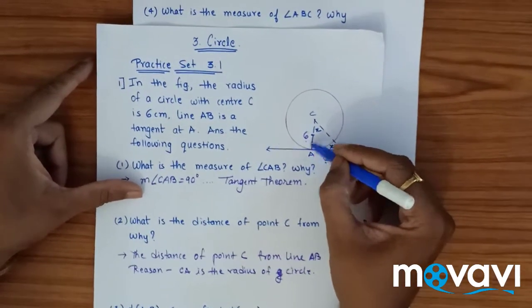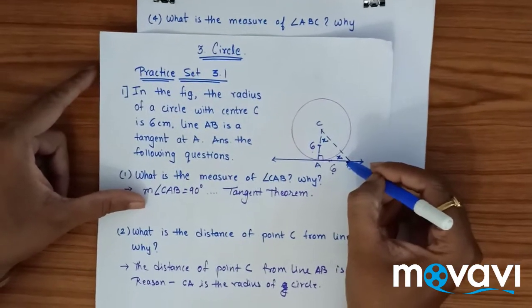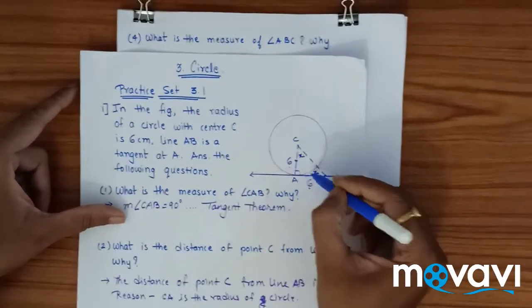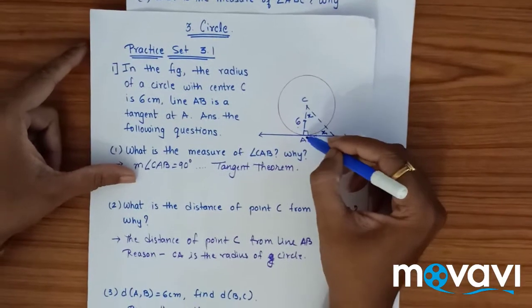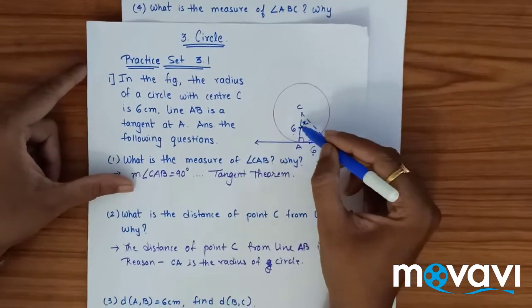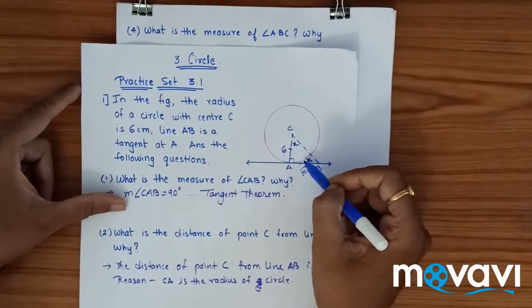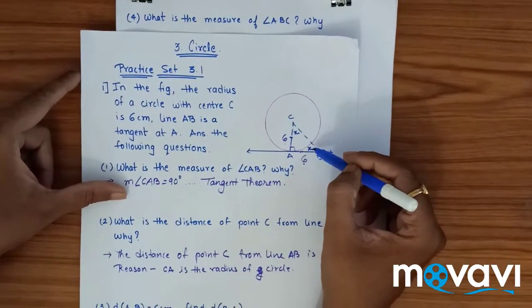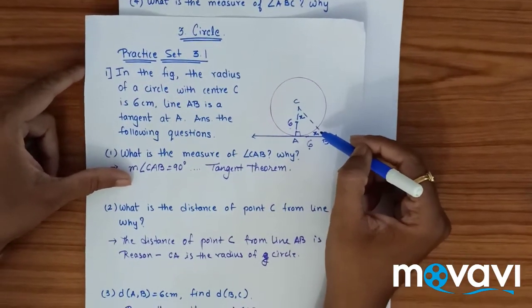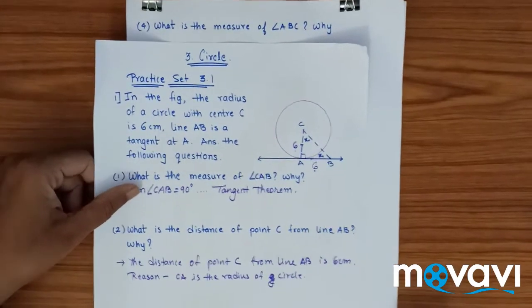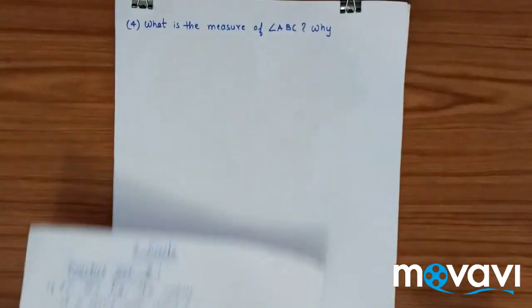Angle ACB and angle ABC are congruent because they are base angles of an isosceles triangle. So they are equal. This is what we are going to use. Remember this, and I am going to make use of this while writing the solution. Okay. So let us write out.